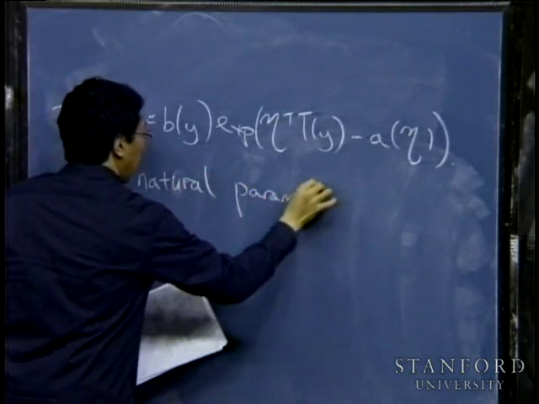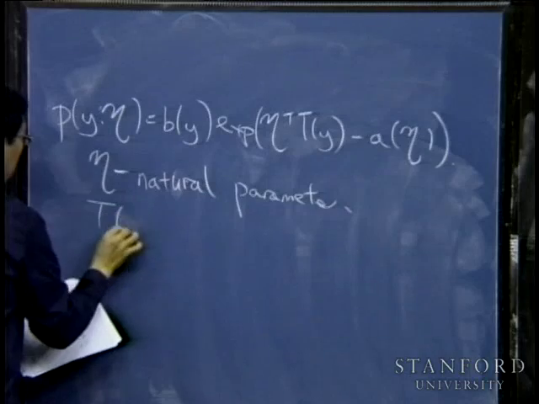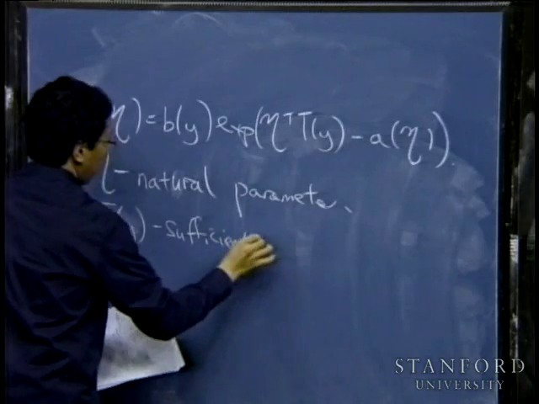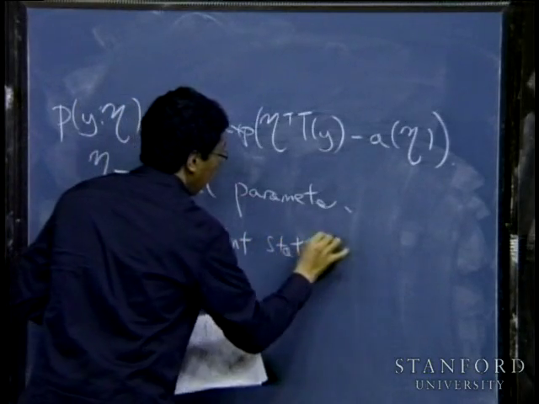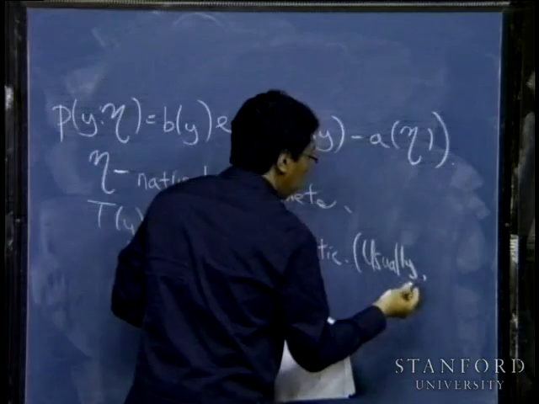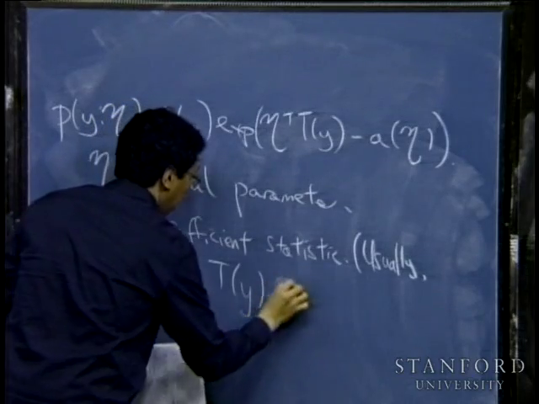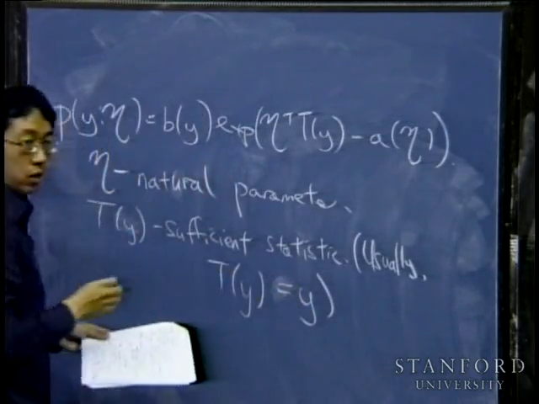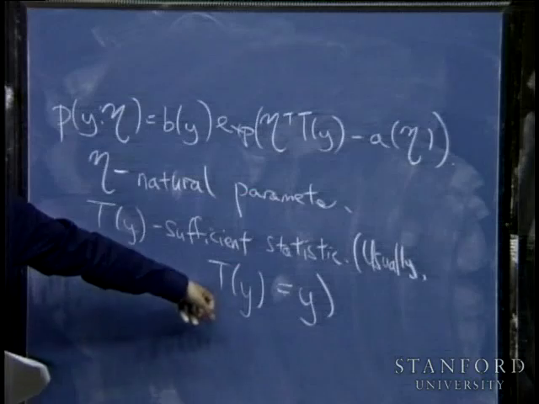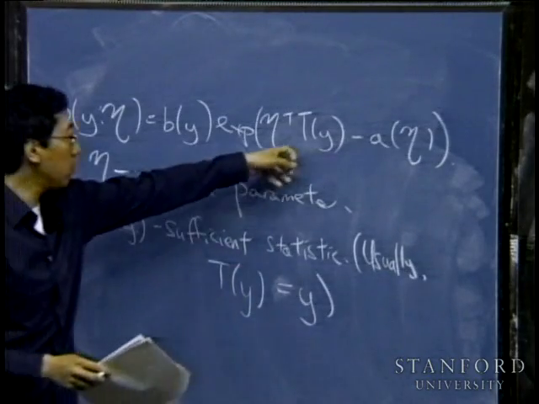So eta is called the natural parameter of the distribution, and T of y is called the sufficient statistic. Usually, for many of the examples we'll see, including the Bernoulli and the Gaussian, T of y is just equal to y. So for most of this lecture, you can mentally replace T of y with y. This won't be true for the very final example we do today, but mentally you think of T of y as equal to y.